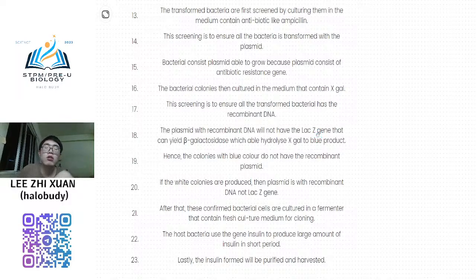Within the lacZ gene, we have the restriction site, where the gene of interest will be inserted into the lacZ gene. So if the lacZ gene is disrupted, it will not hydrolyze the agar, so it cannot form the blue product. So the white colonies are the product that we want.